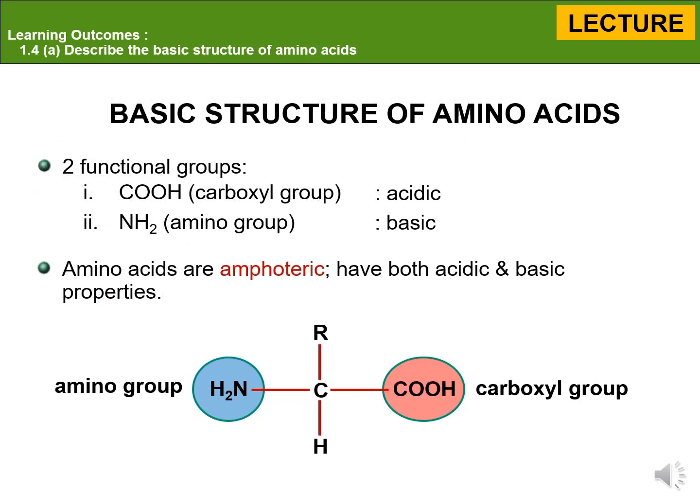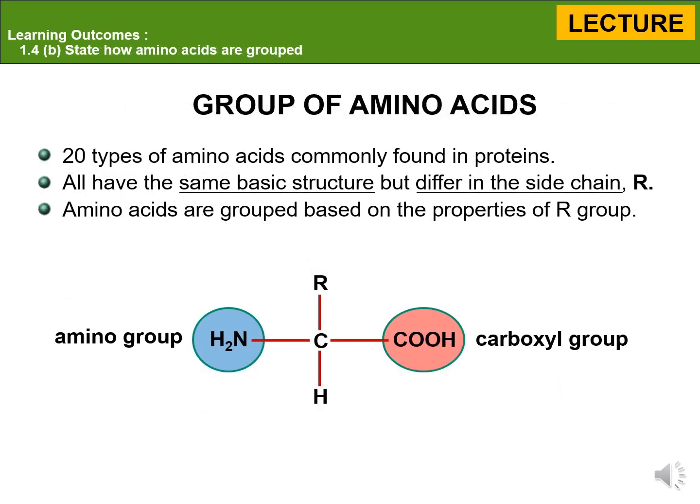The carboxyl group gives acidic properties to the amino acid, while the amino group gives basic properties. Amino acids are amphoteric. They have both an acidic carboxyl group and a basic amino group.